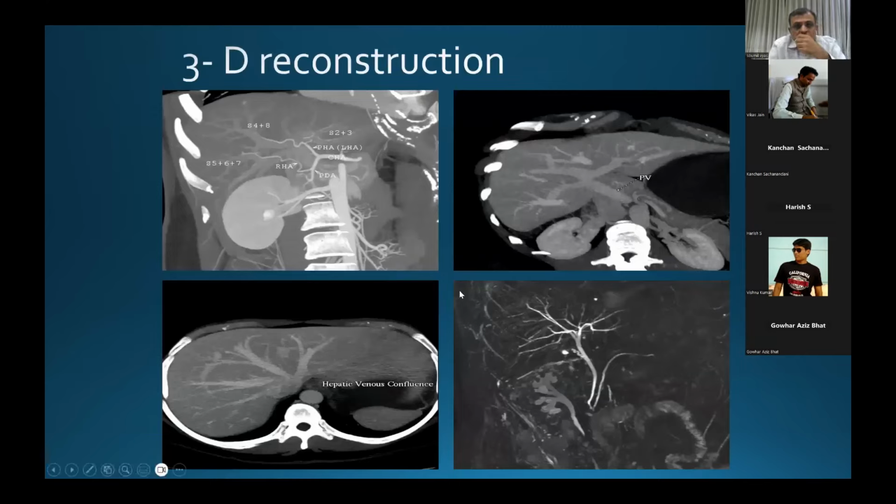And this is what a very good radiologist can give us. This was shown even in the previous pictures and is very relevant not only to donor surgery and planning of living donor liver transplantation, but also if you want to plan out your liver surgery for a tumor in a non-transplant setting.